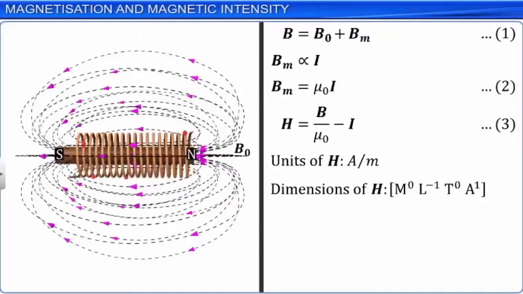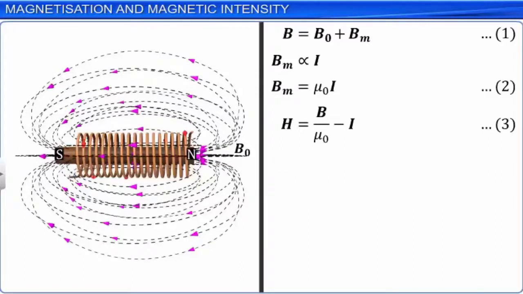Now, the total magnetic field inside the material is redefined in terms of I and H. That is, the external magnetic field applied on the material, represented by H, and the magnetic field due to the magnetization of the material, represented by I. The contribution due to the magnetization of the material, I, is influenced by factors such as the nature of the material to be magnetized and the applied magnetic field.